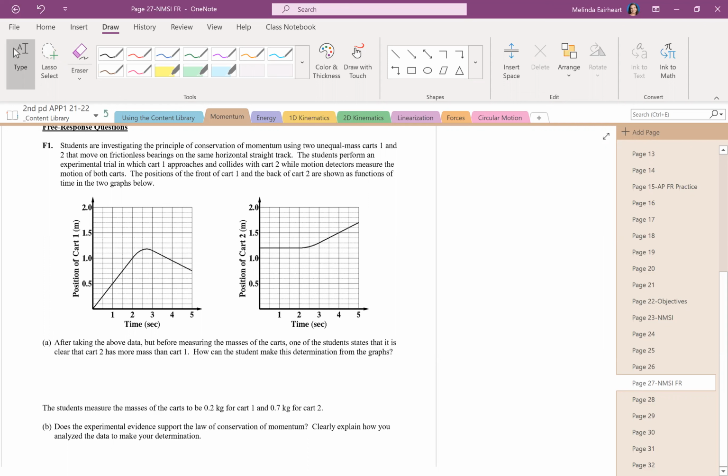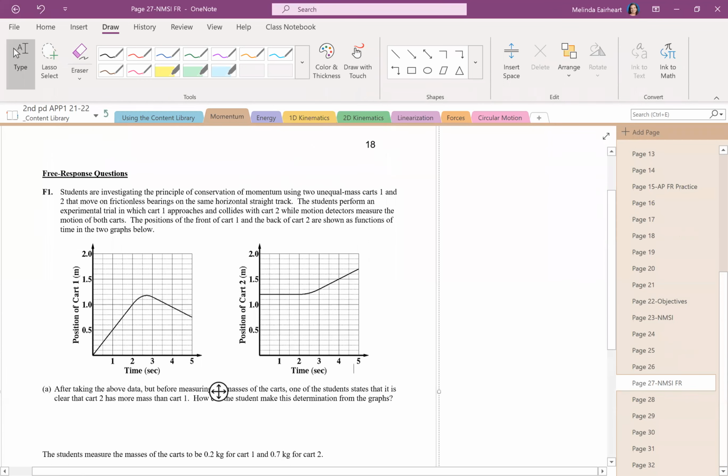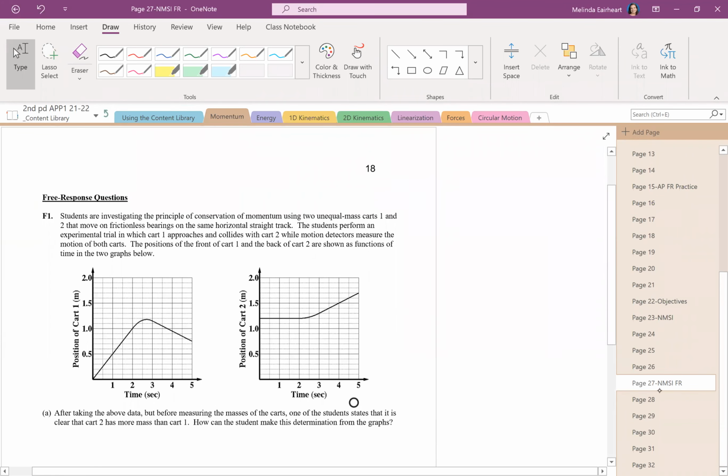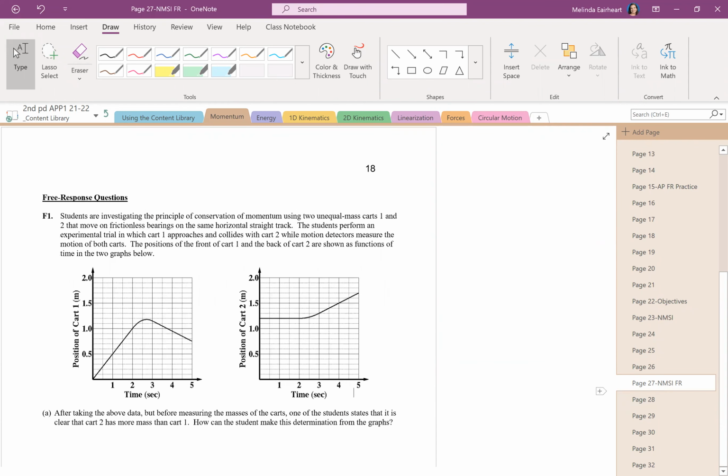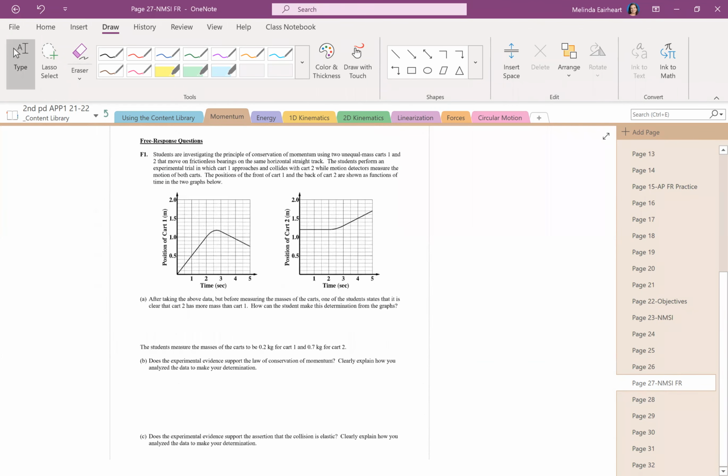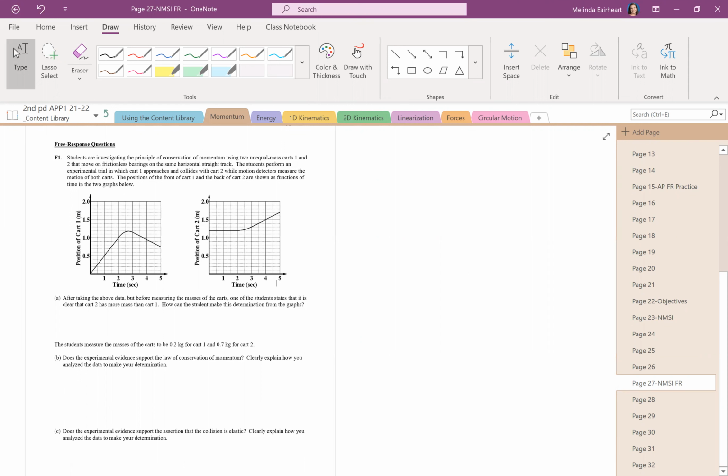How about we end, oh gosh, we've got a lot of time. We'll pause. Maybe we come back together. I'm going to give you 15 minutes to do page 27, and that's it. F1 in your NIMSY packet. So take about 15 minutes, small group this one, and then we'll go over it and do something else.